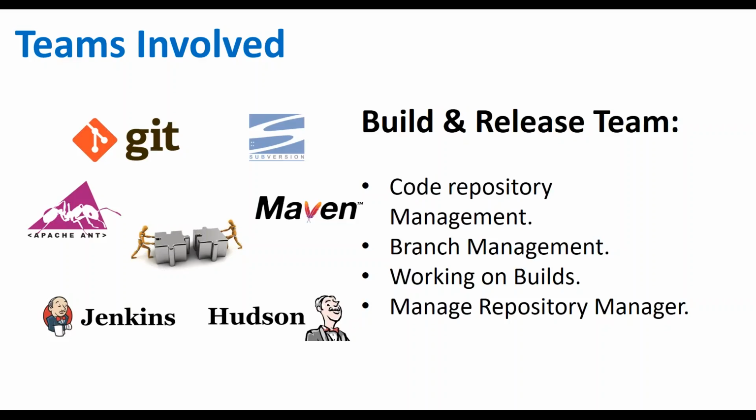Whatever code the developers put into the central repository, that repository server is usually managed by this team. There may be another team also, there can be an IT team, but in a DevOps environment usually these guys manage this. And while releasing, there might be a lot of versions.